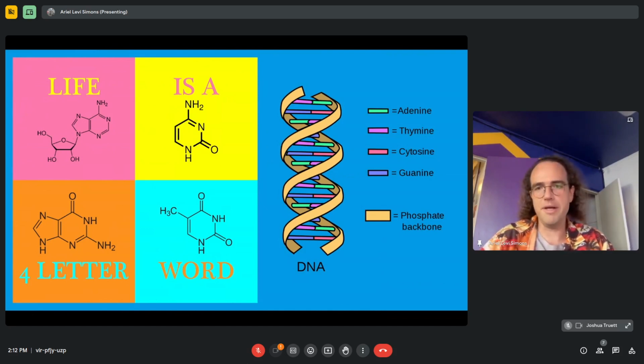Cytosine and guanine always bind to each other. And for those of you with a computer science background, this is literally error-checked binary code. That is what life is. It uses these 4 nucleotides, although if you're RNA, you swap out the thymine for something called uracil, which is a fun fact.